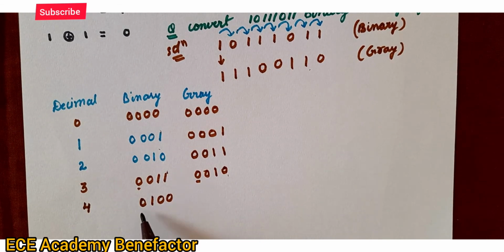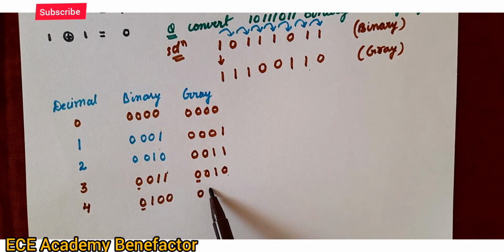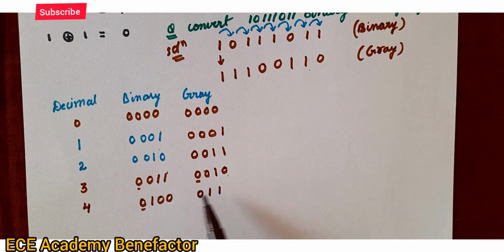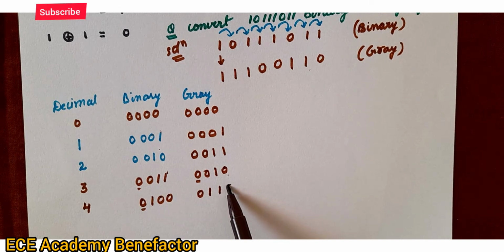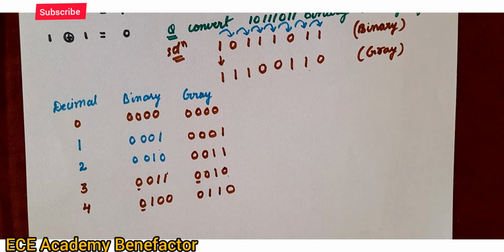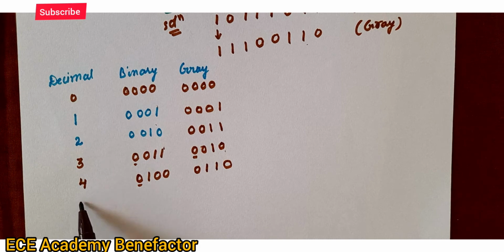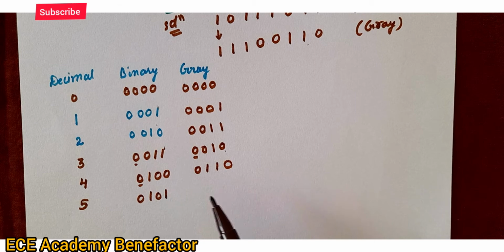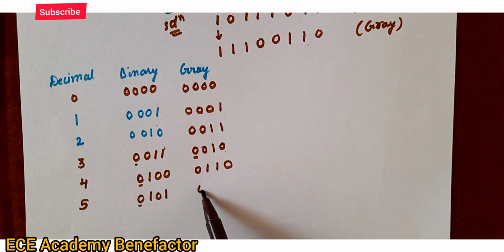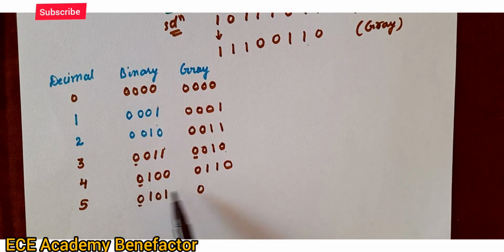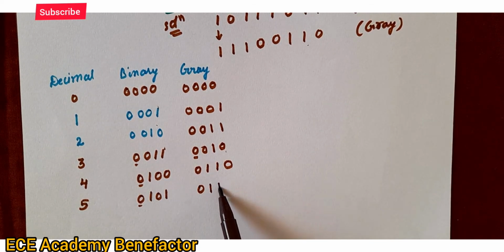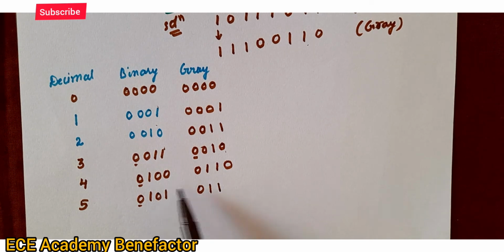Convert it into Gray, the MSB bit as it is 0, 0 XOR 1 is 1, 1 XOR 0 is 1, 0 XOR 0 is 0. Okay. Now, do it for 5 in decimal, 0 1 0 1, MSB bit 0, 0 XOR 1 is 1, 1 XOR 0 is 1, 0 XOR 1 is 1.